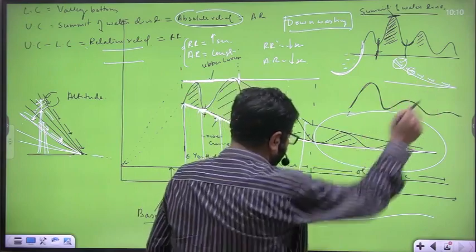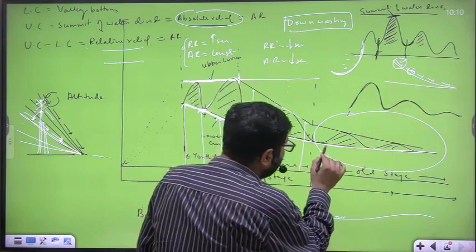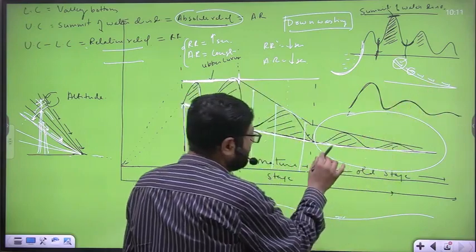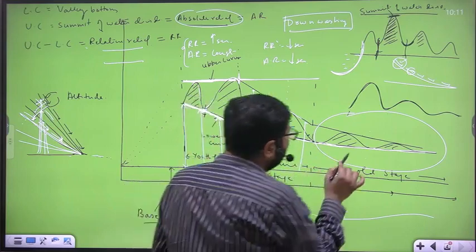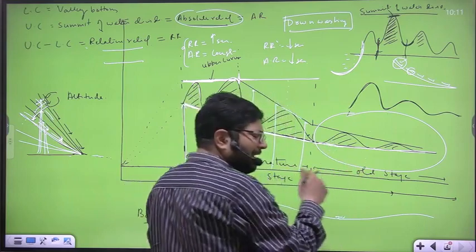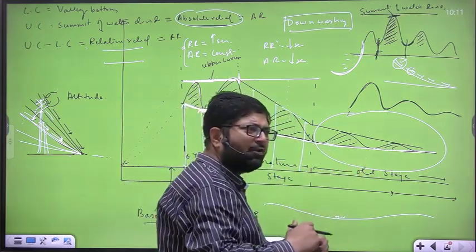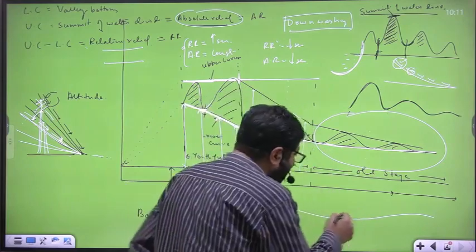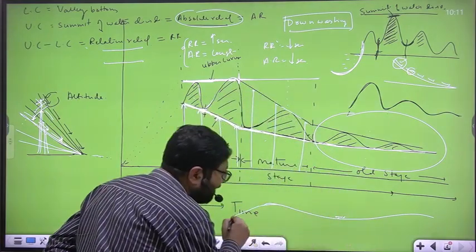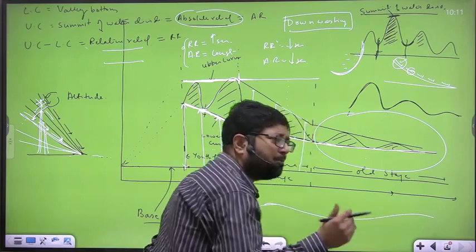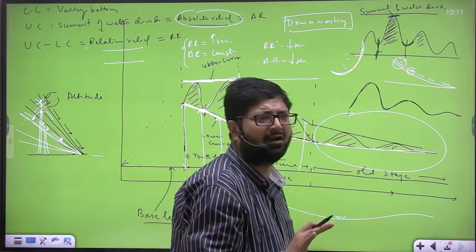Perfect. So in the old stage valley deepening stops, that means the lower curve stops falling, but because of lateral erosion, valley widening continues. But now what is happening? Lateral erosion and valley widening are taking place purely because of weathering.